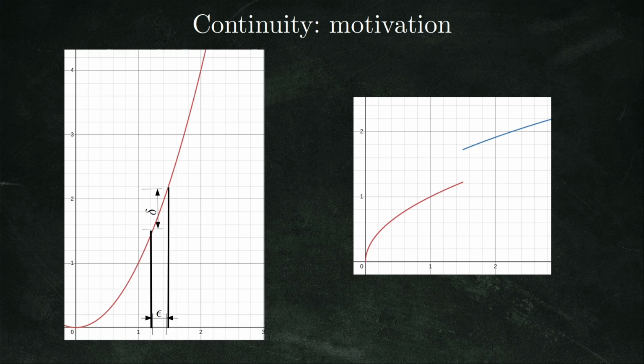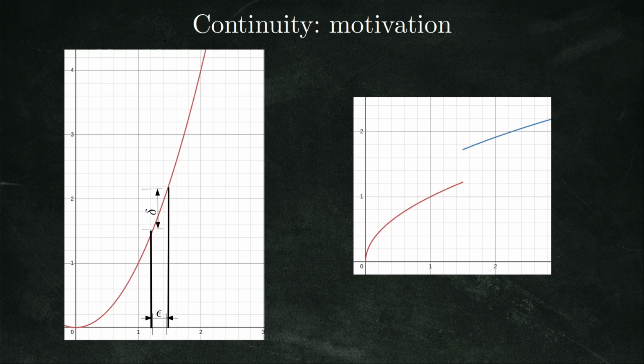So in other words, if we wanted to make delta smaller, we could shrink epsilon accordingly such that the y coordinates of those 2 points always stays less than delta, or rather the difference between them stays less than delta.